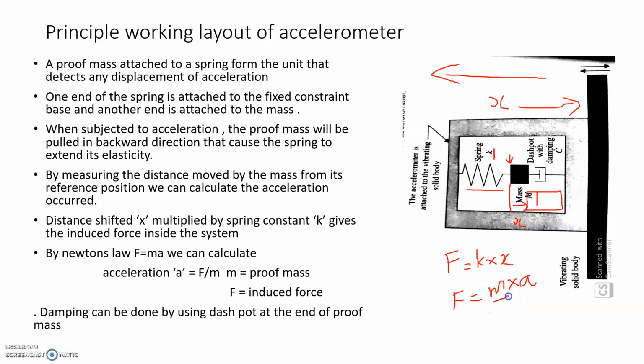If the proof mass of the given object present inside the accelerometer is known, and this force is similar to the force obtained with the help of the spring constant and x, the only unknown value in this equation is the acceleration. We can measure the acceleration by taking the ratio of the induced force to the mass of the object.